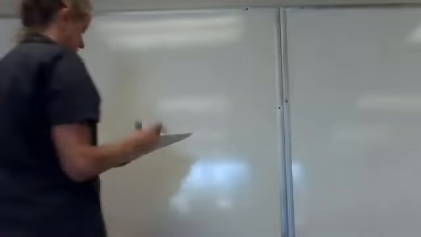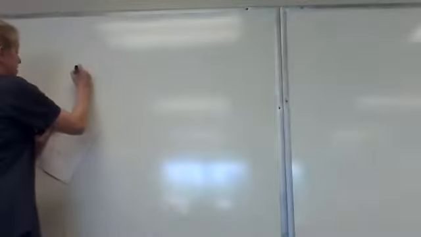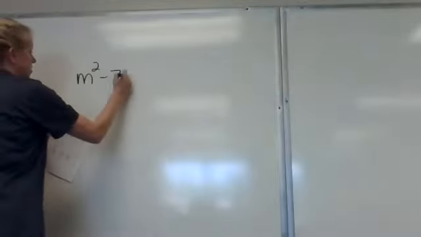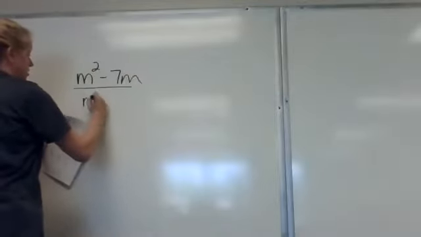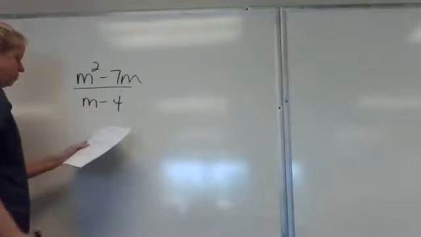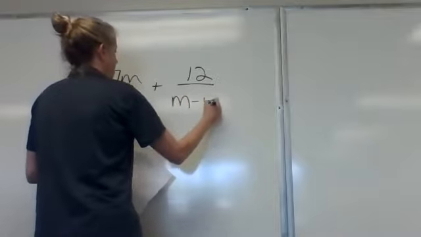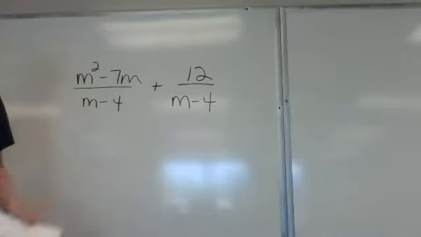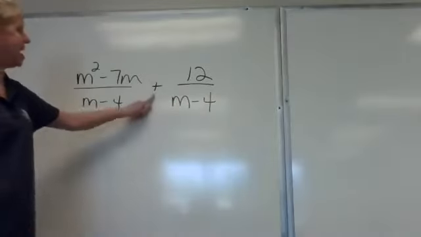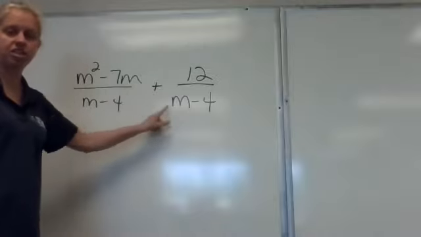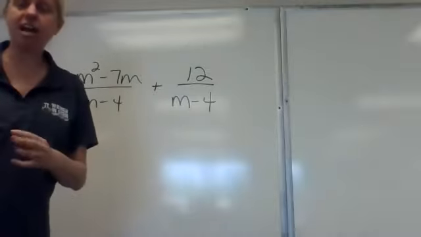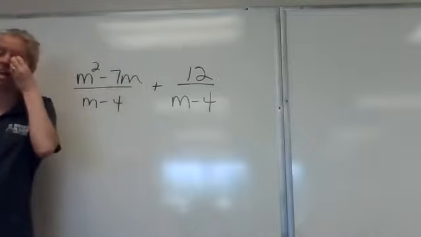All right, number 11. M squared minus 7m over m minus 4 plus 12 over m minus 4. So when you are adding 2 fractions and they have the same denominator, remember how we did this?